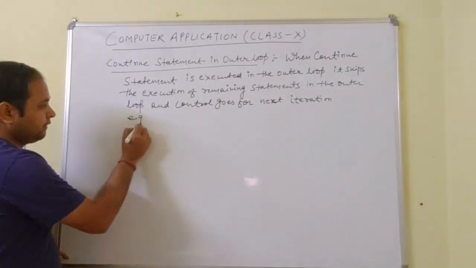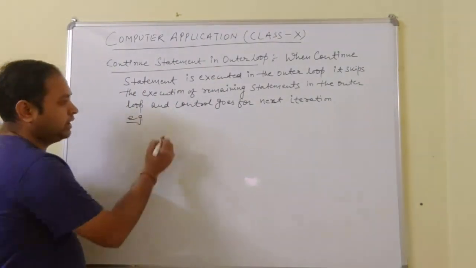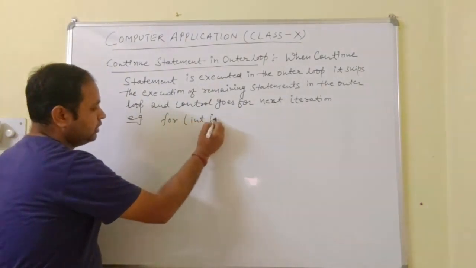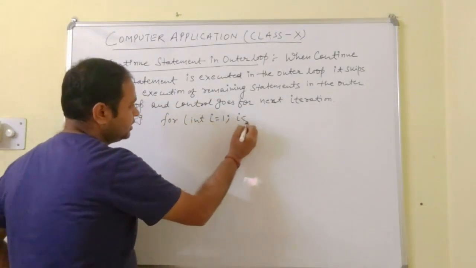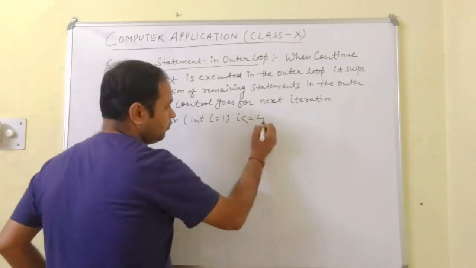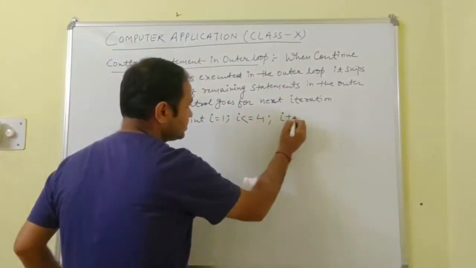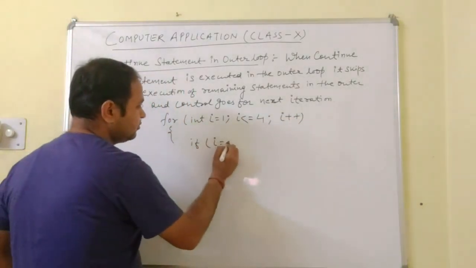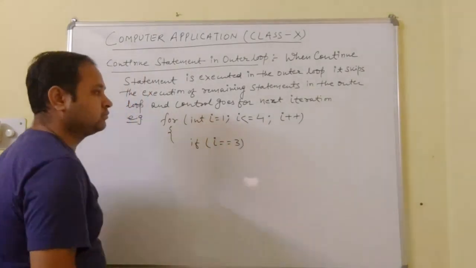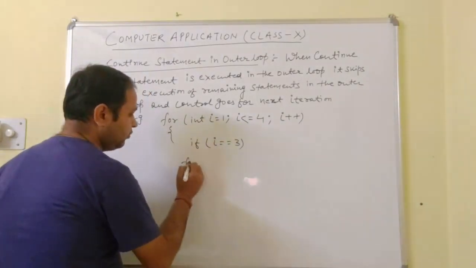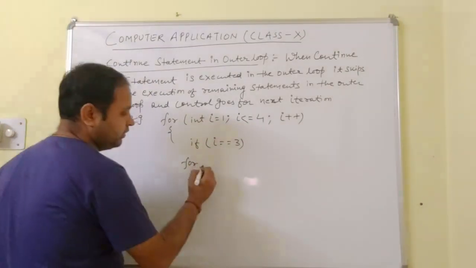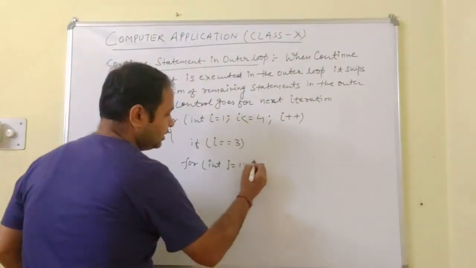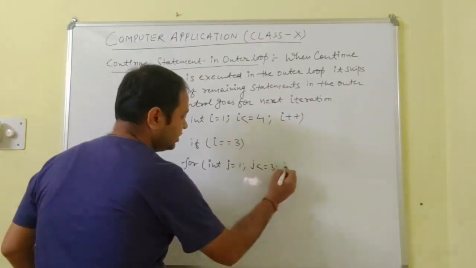For example, if I take a for loop: for int i equals 1, i less than or equal to 4, i plus plus. If i equals 3, then I leave a line over here and write for int j equals 1, j less than or equal to 3, j plus plus.